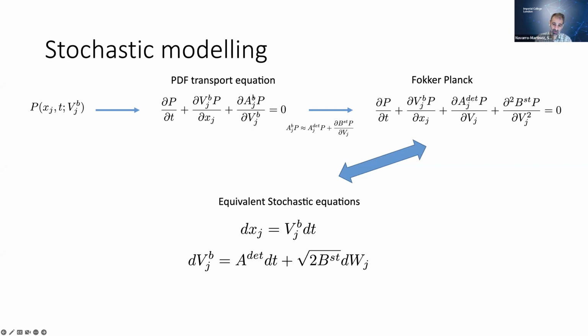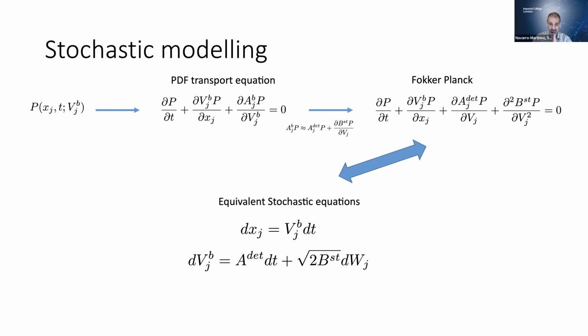The acceleration of the body, we can decompose into a deterministic part and the gradient of a stochastic component. But basically, this is the diffusion. So we arrive at a Fokker-Planck type equation, which has a drift coefficient by the velocity in space, by the acceleration in velocity space, and some diffusion coefficient. Basically, because the flow is turbulent, the body won't follow the streamline exactly, even if the drag allows it to.